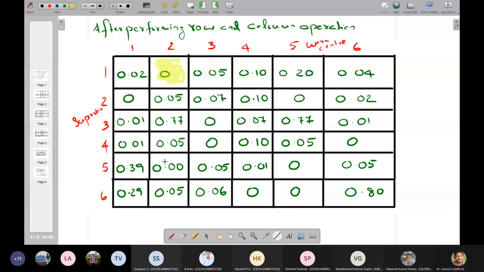Second row, it is not single zero. Third row, yeah, the third row is single zero. So when I select this, this will become struck off. Third row I have selected.